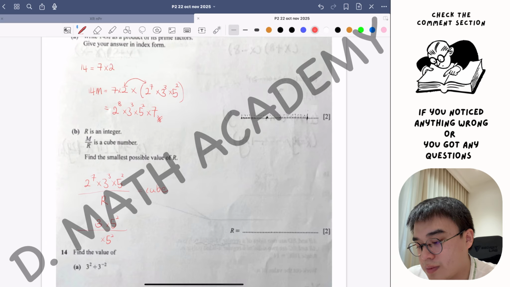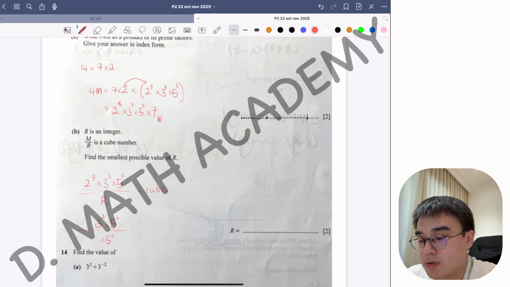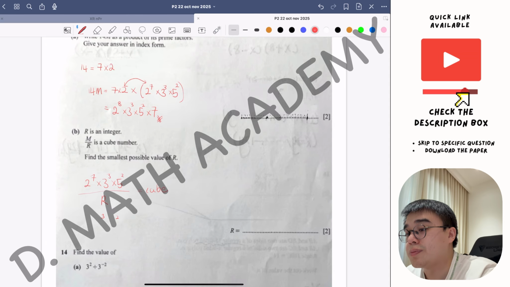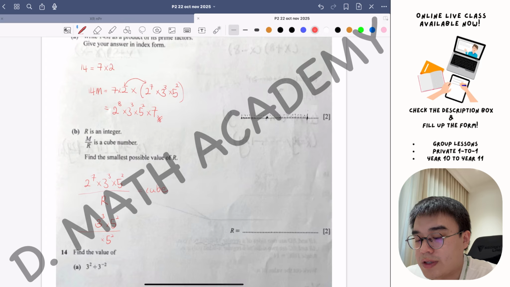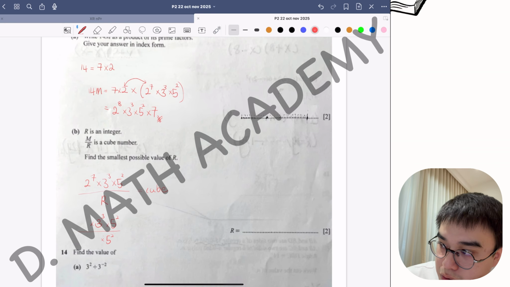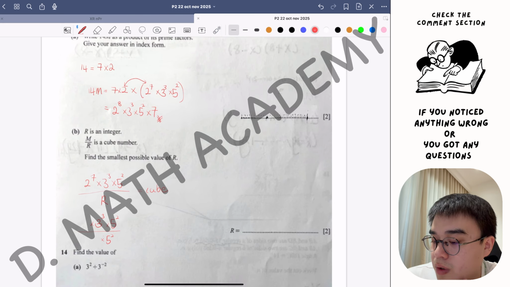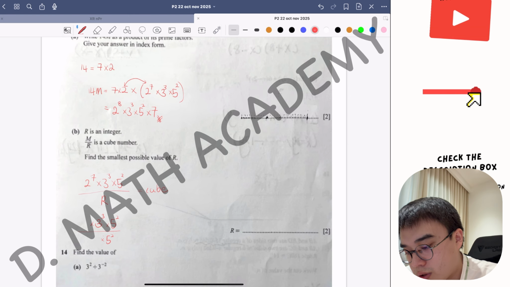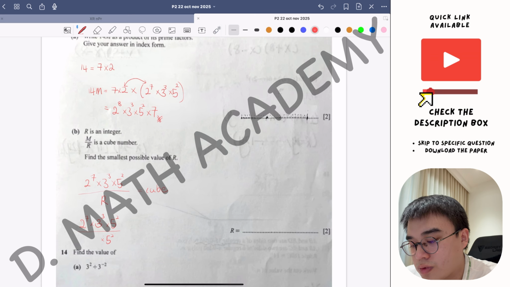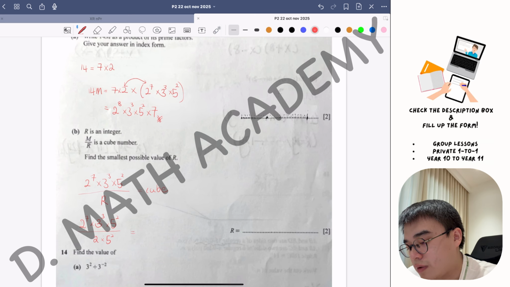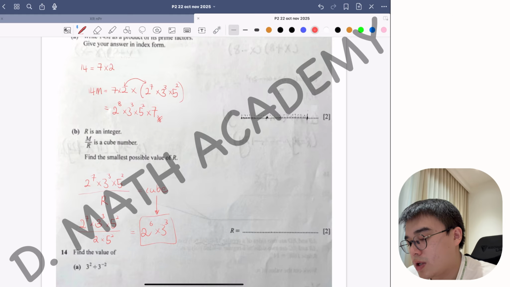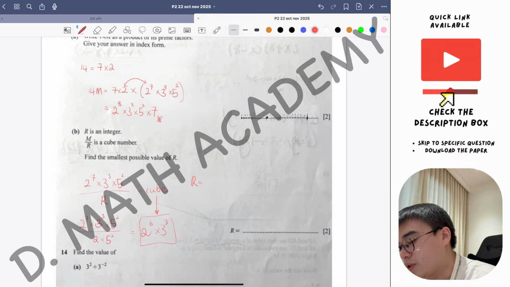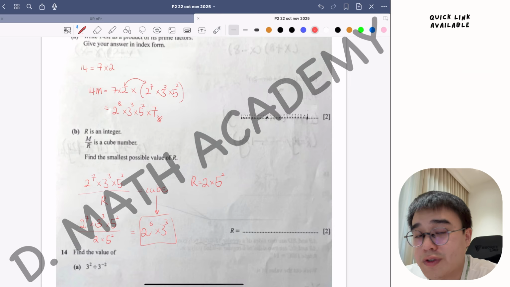I will leave the 3 cubed alone, because if I also include 3 cubed at the denominator, it will make my R a little bit too big. But then for the 2 to the 7 that I have there, to make it into a cube number, I think I just have to remove one of the 2s. So this 7 and I put a 2 here. It will get you a result of 2 to the 6, 3 cubed, and this is the so-called cube number that they are referring to. So the smallest possible R will be 2 and 5 squared only.